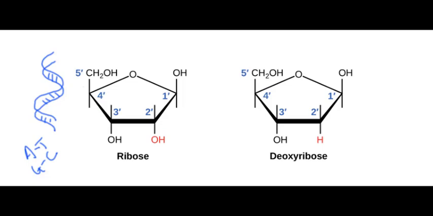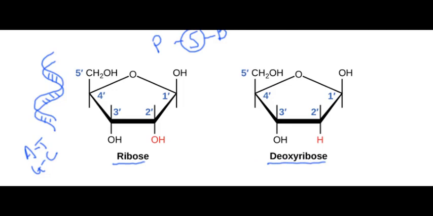Now, when we look at the basic structure of the nucleotides, where we have a base connected to a sugar, and that sugar connected to a phosphate, that sugar right here can be either one of these. It can be either ribose or deoxyribose.